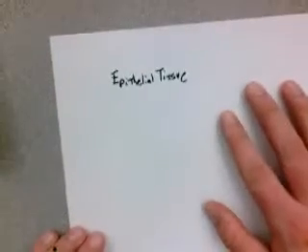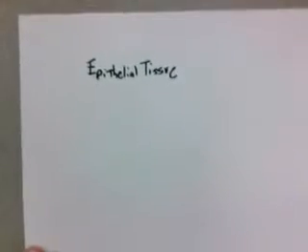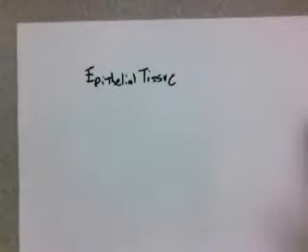Its major function is that it protects things. You find it lining and covering organs. When I look at the inside of an organ, a lot of times it's lined with this type of tissue.